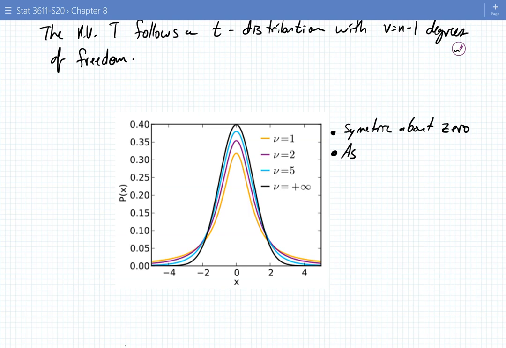As v increases, if we take a look at this image carefully, the distribution becomes narrower.